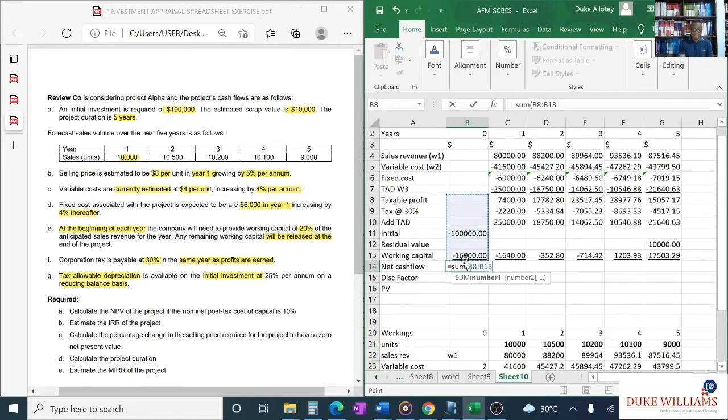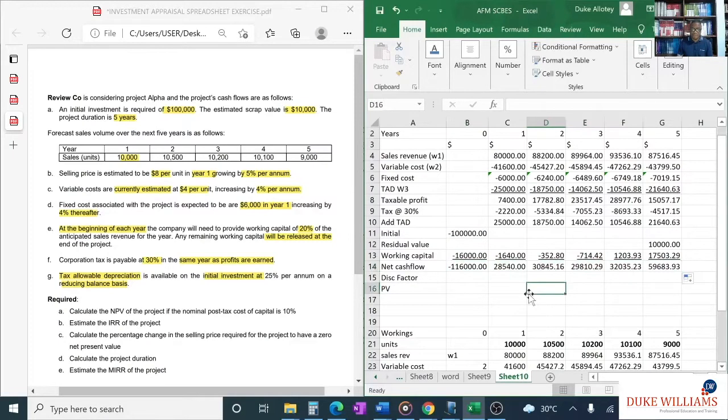I know there's nothing there as far as year zero is concerned, but I've still done that, and close it up. That gives me 1116. Beautiful. So job done, really. Nothing to worry about. For the discount factor, I said 10%. That's what we're told in the question here. So all job done here.